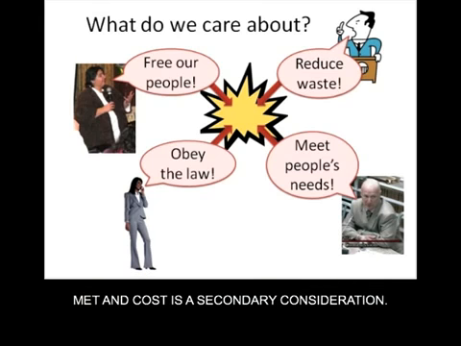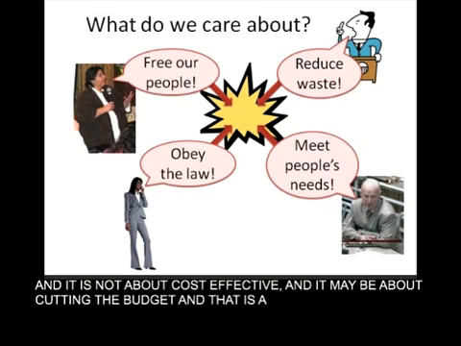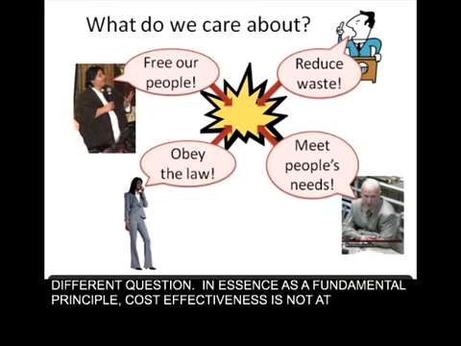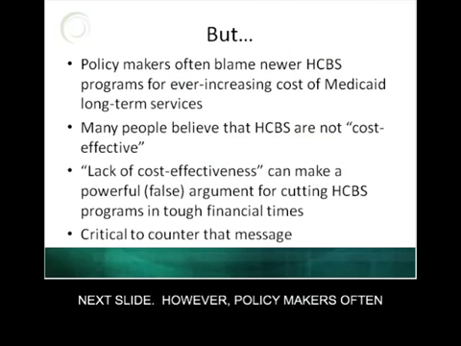People's needs for services need to be met, and cost is a secondary consideration. Politicians, for their part, want to reduce waste, they want to get rid of fraud, they want whatever axe they have to grind. It's not really about cost effectiveness. It might be about cutting the budget. That's a different question. So in essence, as a fundamental principle, cost effectiveness is not at the top of anybody's list.